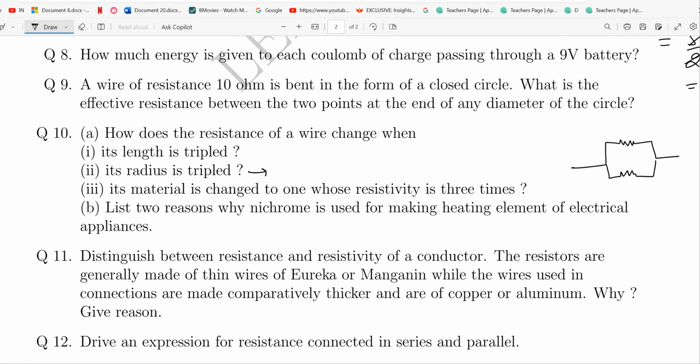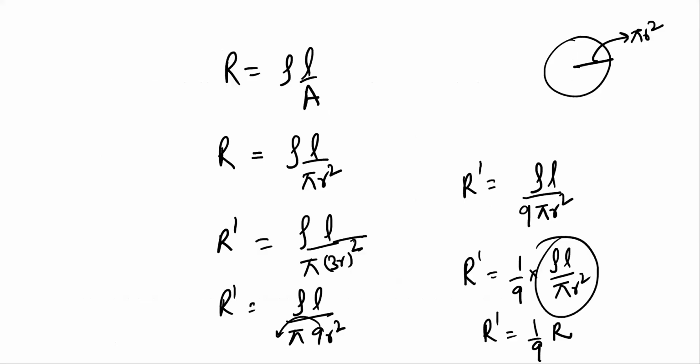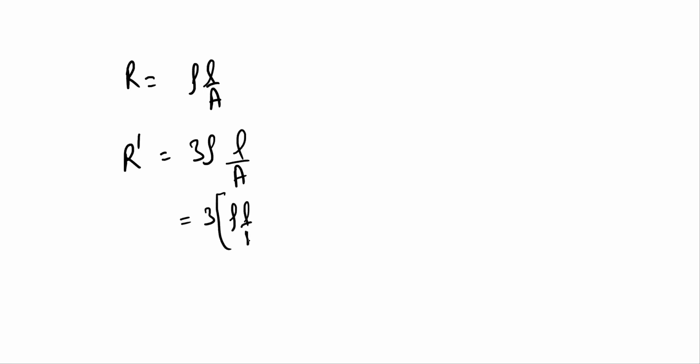It is directly proportional, you have the formula R is equal to rho L by A. The original resistance is rho L by A. Now the resistivity is 3 times, so rho becomes 3 times the original, and L and A are fixed. So you can write 3 bracket rho L by A, and this is the original R. So you can write 3R. This is very simple.